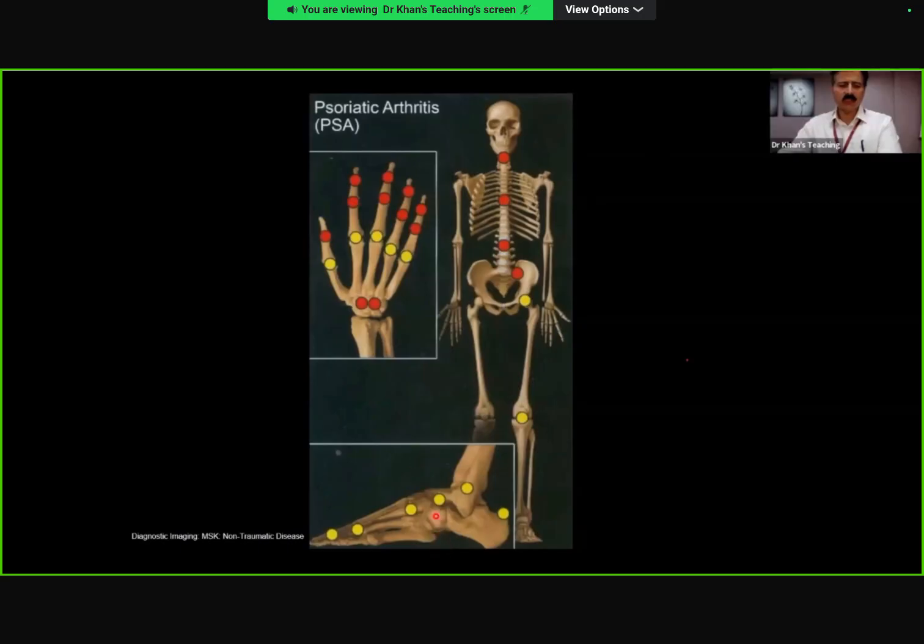One of the take-home points will be the differentiation between involvement of hand versus the feet. In psoriasis, hand is more commonly involved, and in CRA, feet are more commonly involved. Rest of the pattern in the spine and the SI joints remain the same. So this hand versus feet discriminator is an important thing.